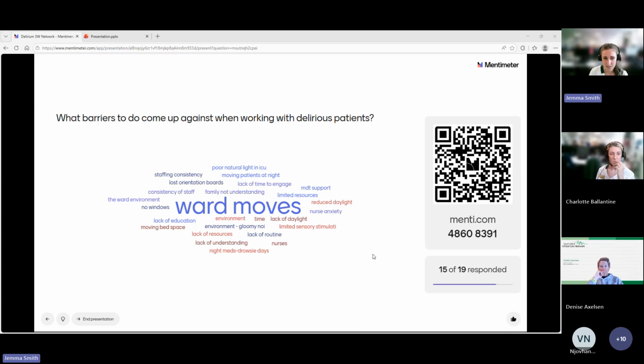So yeah, it's a big barrier, isn't it, to what we do? But it is within our gift to do some education, to put in sensory care plans for these individuals. That sits within our scope of practice.